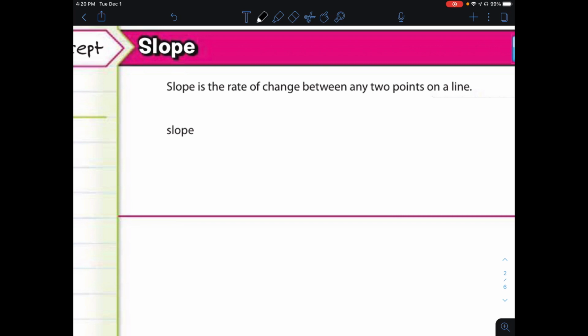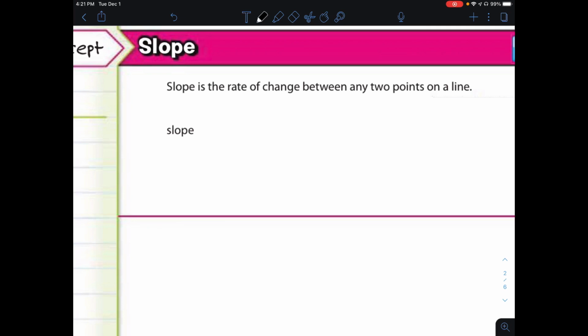When you talk about rate of change, remember last lesson we defined what it means to have a rate of change. It is the amount of change between two quantities. So this time we will be applying that same definition when we talk about slope.